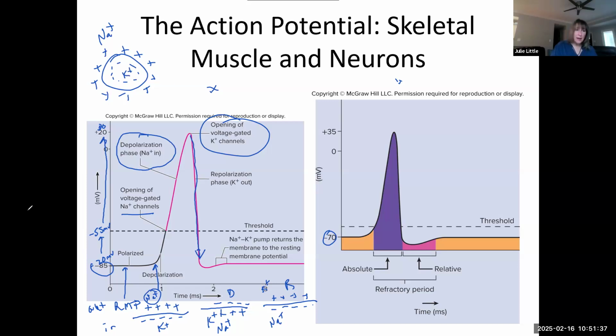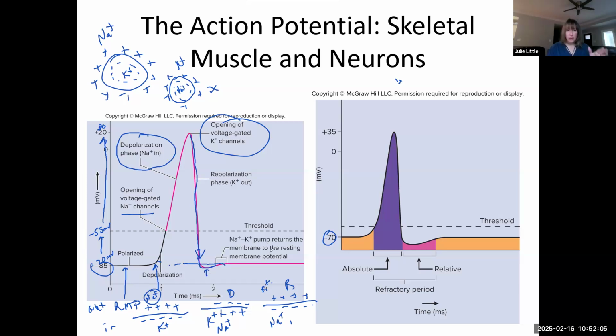What we have at this very moment, of course, I won't be able to erase, is negative on the inside of the cell, positive on the outside, but our ions are in the wrong place. Notice down here, we now have sodium on the inside and potassium on the outside. By the way, this dips down a little bit lower than resting membrane potential.